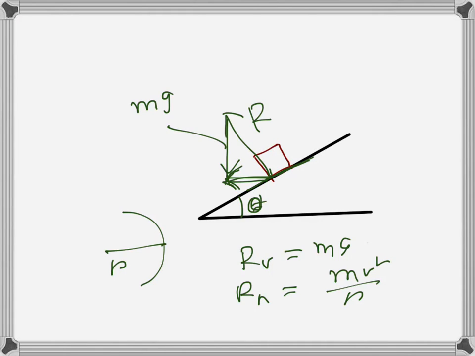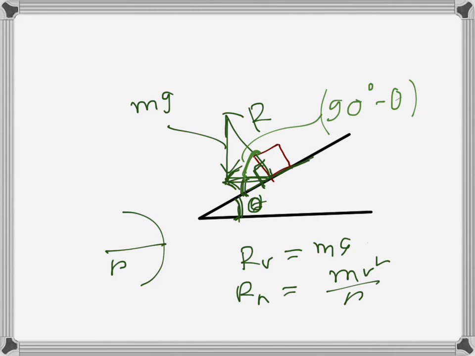So that's fine. Now let's write these two in terms of R. We can see that this angle will be theta, because this is theta, and this angle is 90 degrees. So as a result, this angle here, the one that I am drawing, is 90 degrees minus theta.